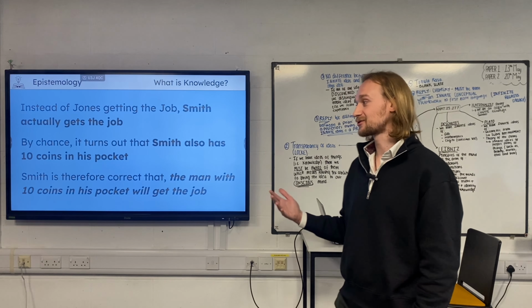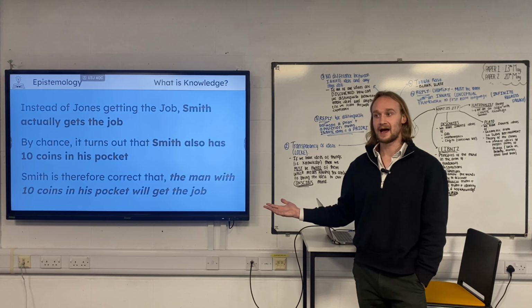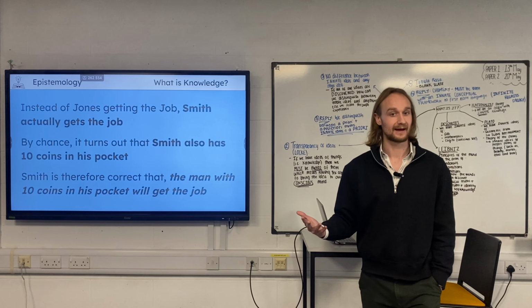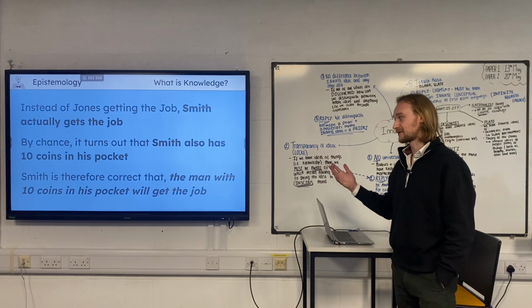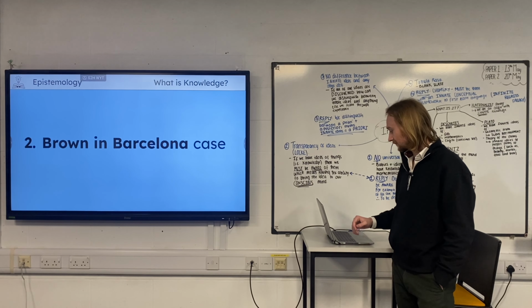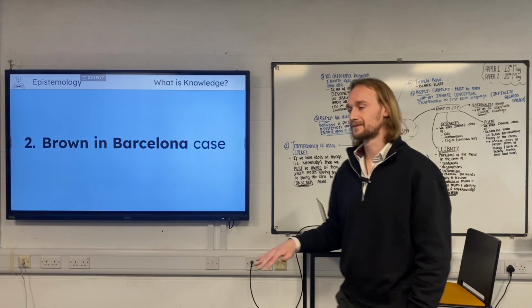So Smith has a justified true belief. He was justified in coming to his conclusion, and his conclusion is true. It's just not that Jones got the job. It's a lucky JTB. It just turns out that actually Smith got the job and he had 10 coins in his pocket and he's a man. So that's the first one of a lucky JTB that we don't want to consider knowledge.